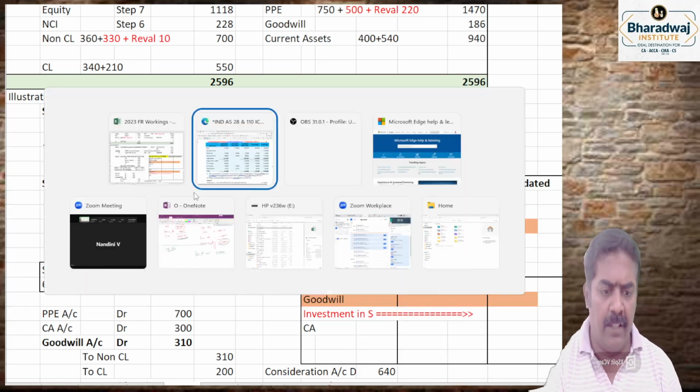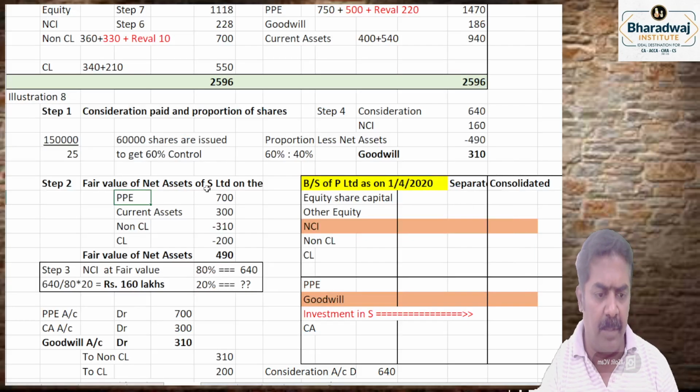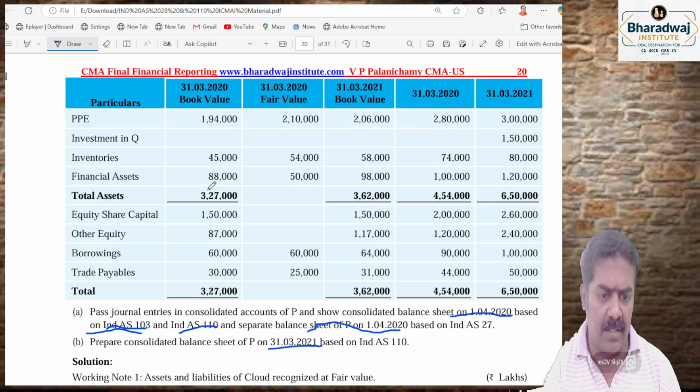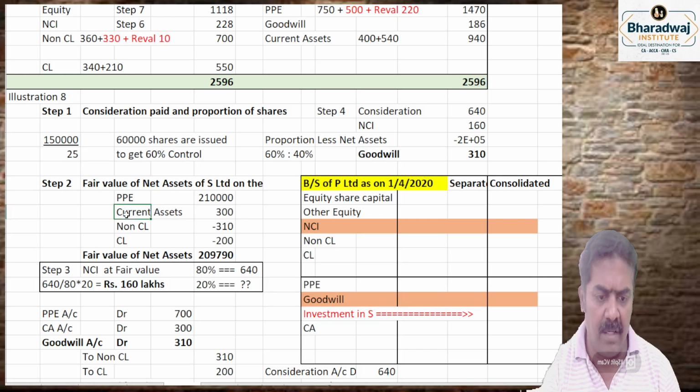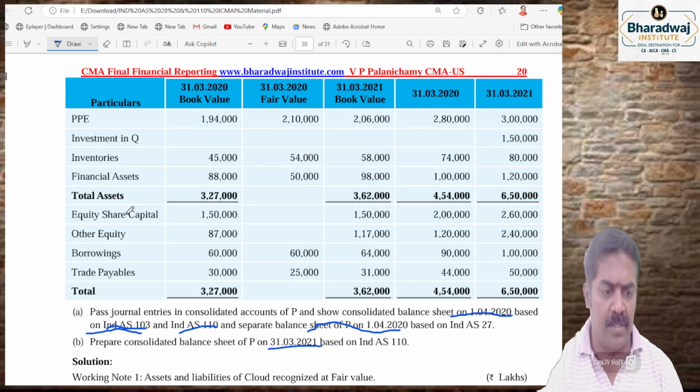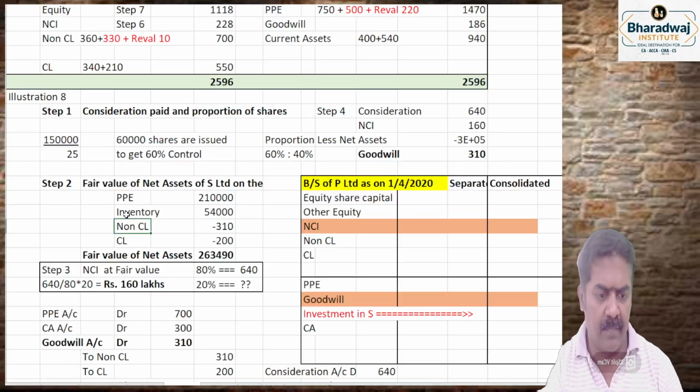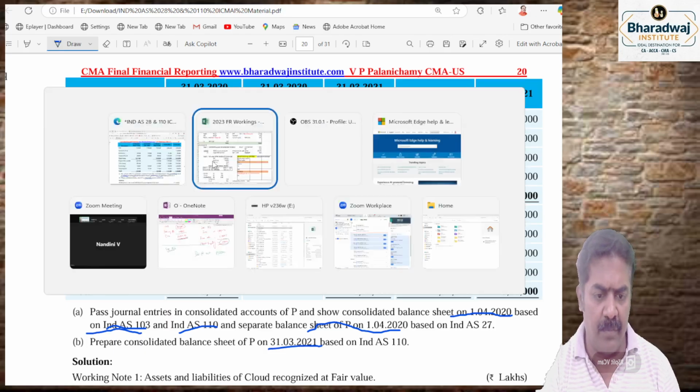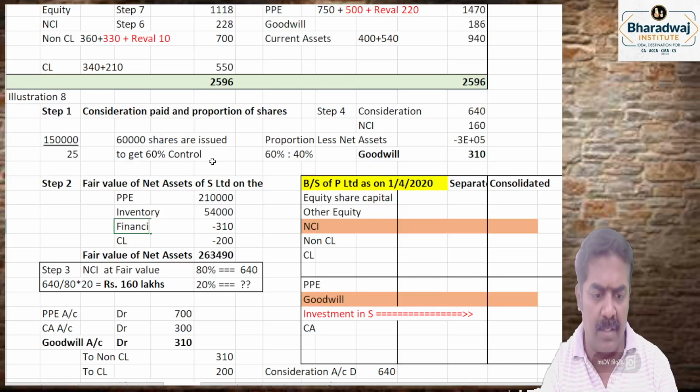Then everything at fair value. PPE 2,10,000. Current assets: inventory 54,000. Financial assets 50,000.